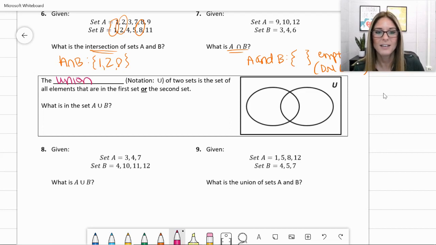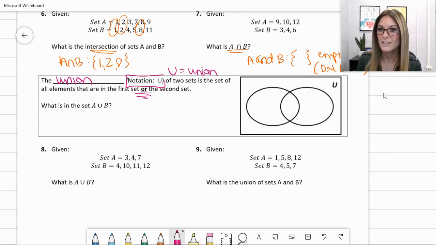The last one here is union. The union, and notice the notation there looks like a U, of two sets is the set of all elements that are in the first set or the second set. Notice that notation U can help you remember union. Now, I'm going to make a connection here. It's a little awkward, but when people get married, it's called a union, right?